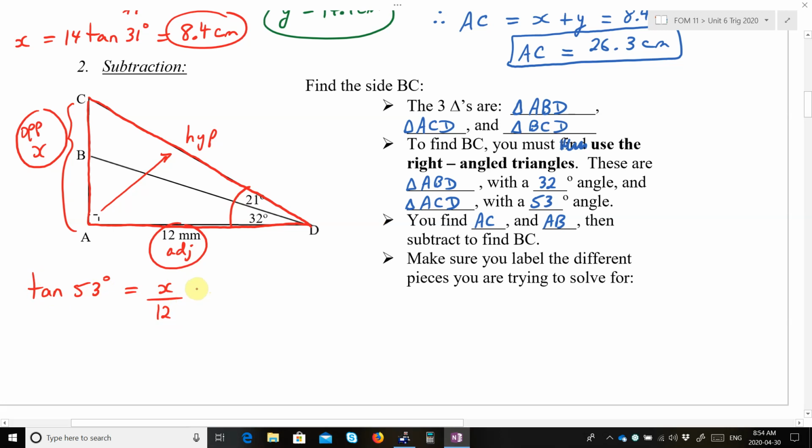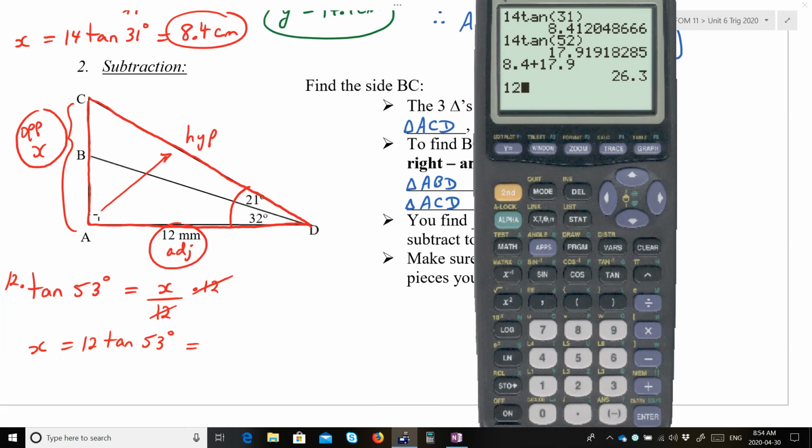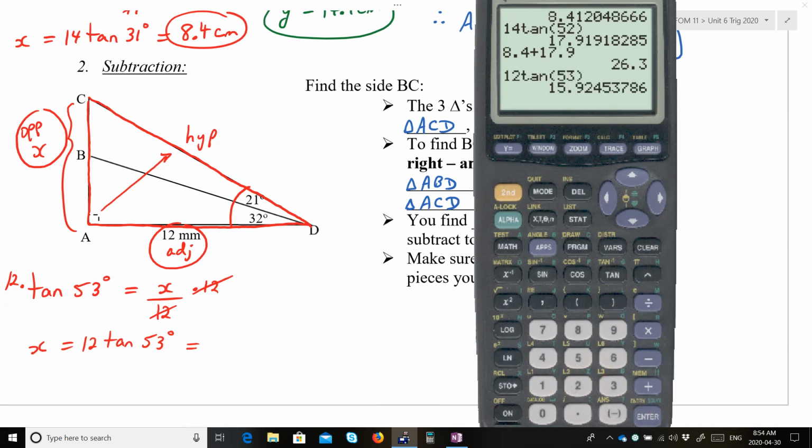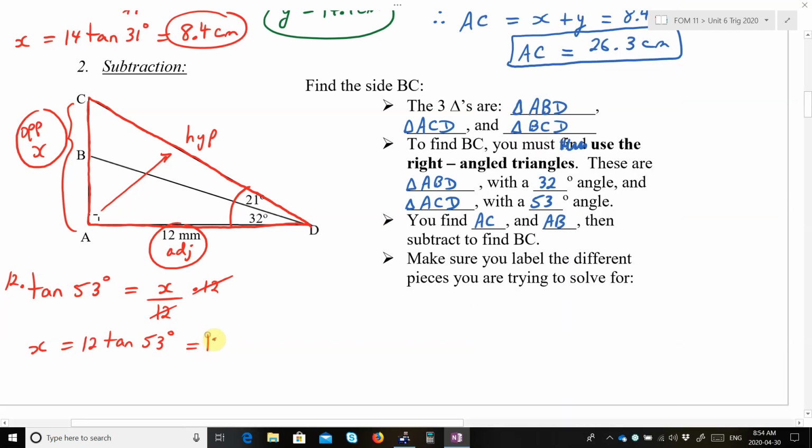And since x is being divided by 12, do that simple process of multiplying both sides by 12. And we get x equals 12 tan 53, which is 15.9, and that's going to be millimeters.